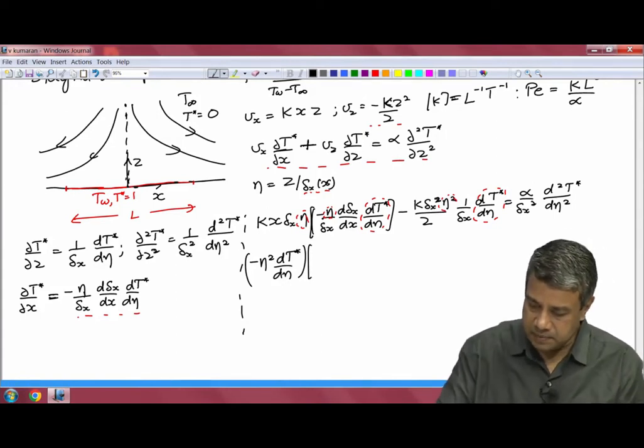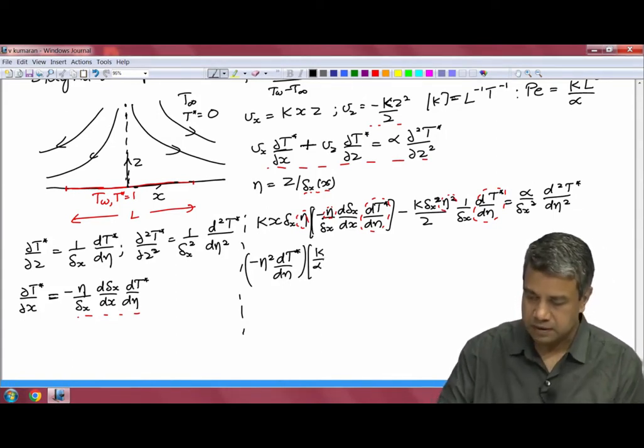this gives me k by alpha as a common factor of both terms on the left side.